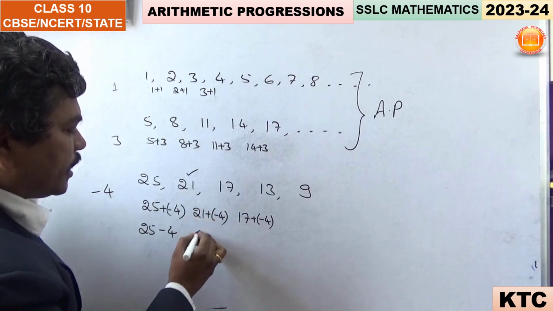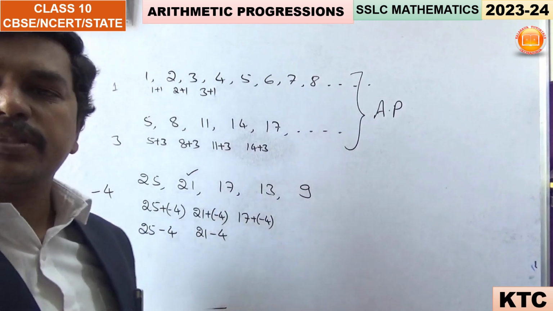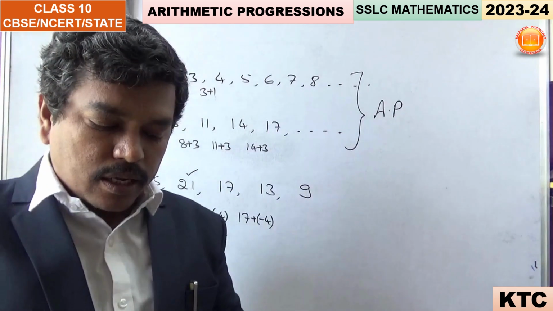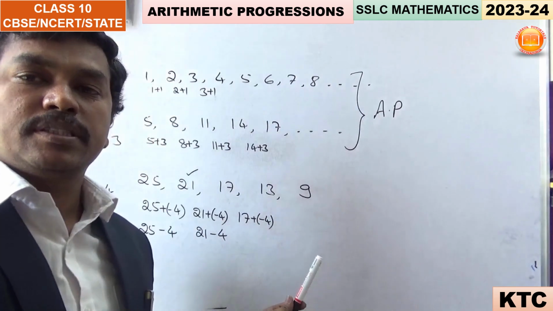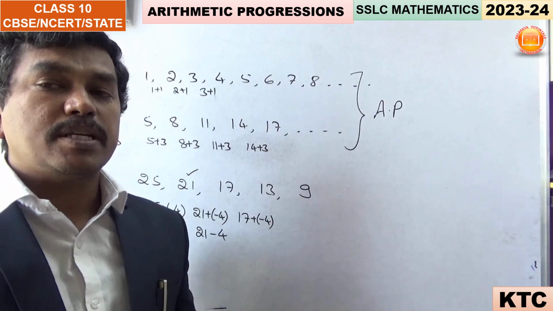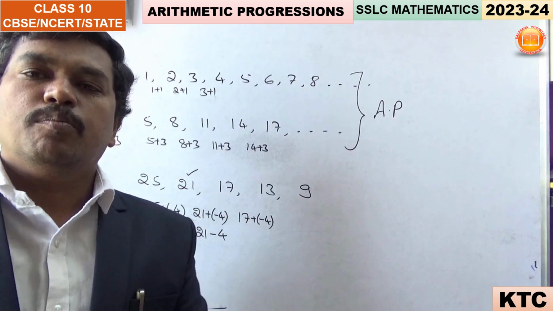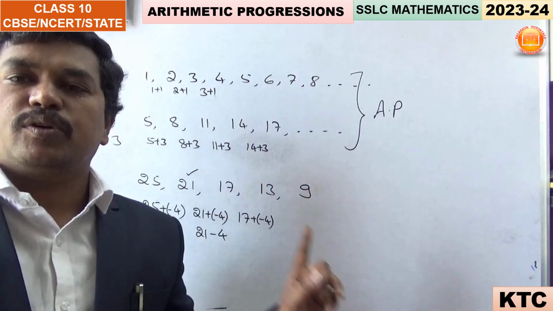And also 21 plus -4, 21 minus 4 is 17. So in this way also you get the successive terms. So this also comes under arithmetic progression. Not only positive numbers, you add negative numbers also. Both come under arithmetic progressions.